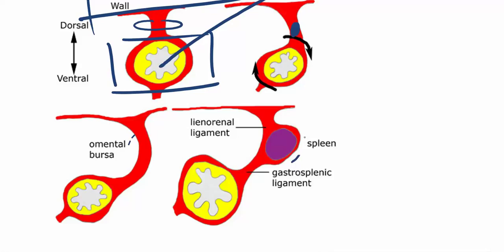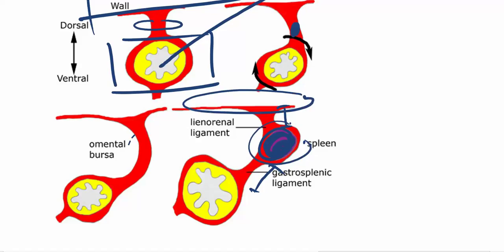And so that's why you get this here. As the spleen is developing within this dorsal mesentery, there are going to be two segments to it. One attaches the spleen to the posterior abdominal wall, and another attaches the spleen to the stomach itself. Do you see that?